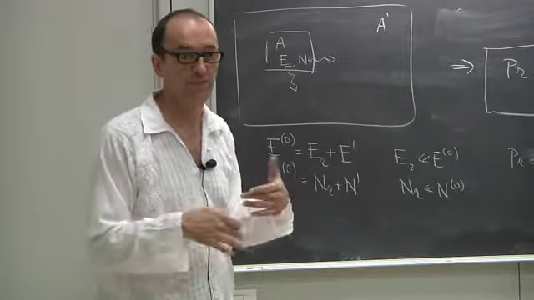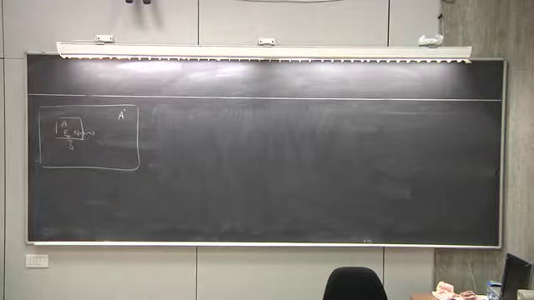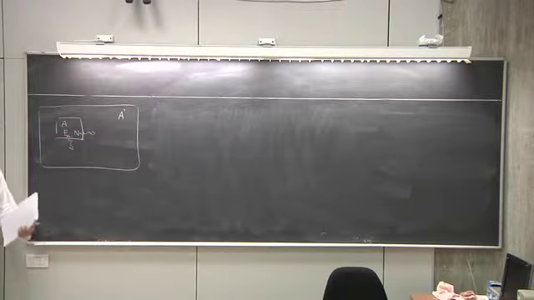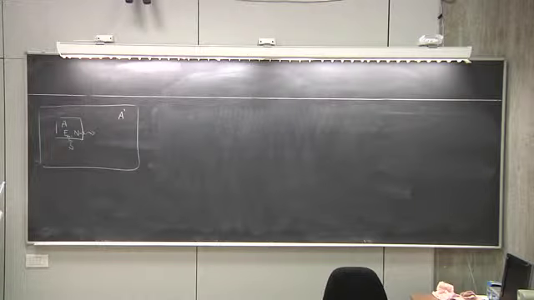As we said, all we need in order to compute physical quantities is to have a distribution over the possible microstates of the system over which to compute statistical averages.